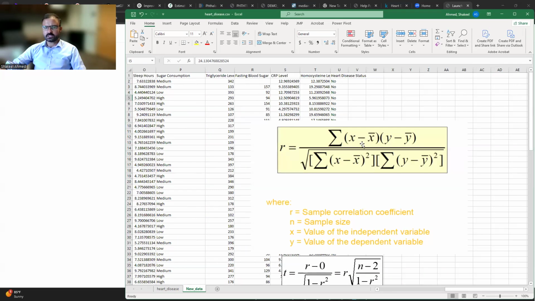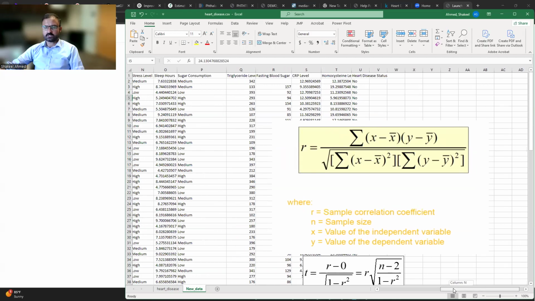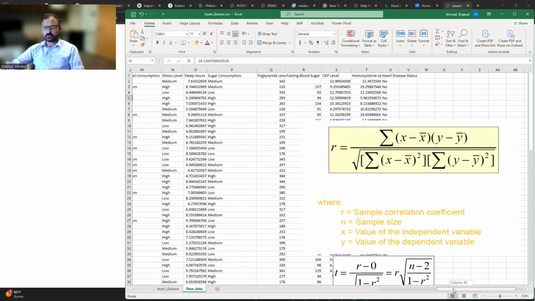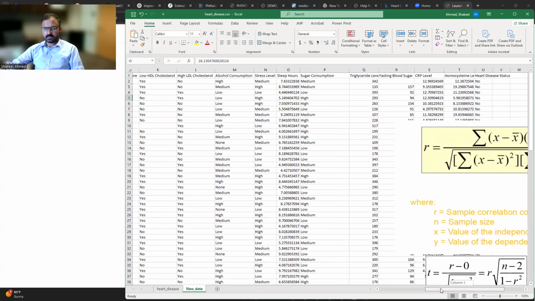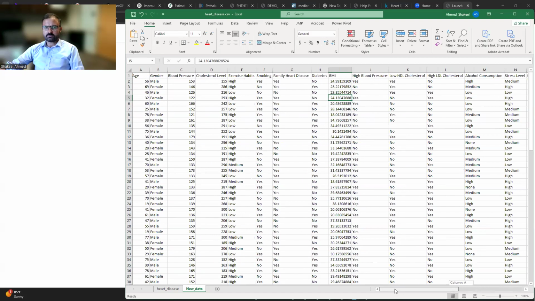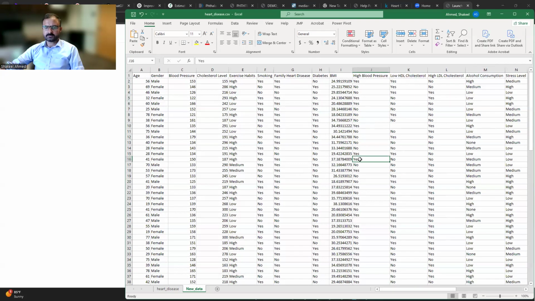Basically, it is the product of two moments, that is the deviations. In the denominator we have the standard deviation of the two variables, and in the numerator we have the covariance.